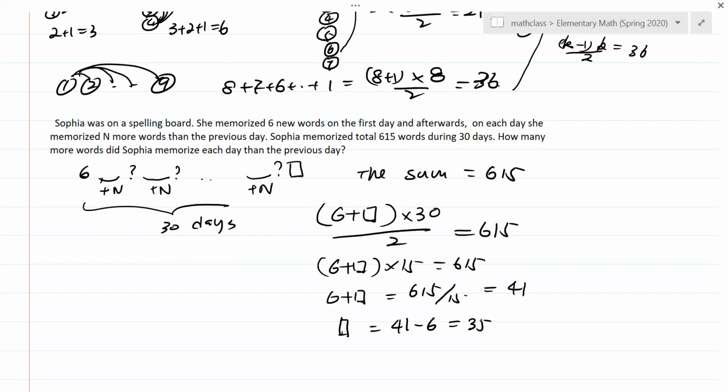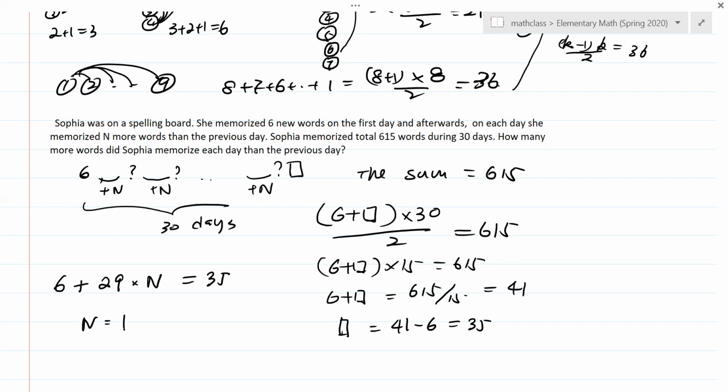How do you get to the last? 6 plus, every time you add n words, so 29 times this n should be equal to 35. And clearly, each time you just memorize one more word, because 6 plus 29 is going to be 35.